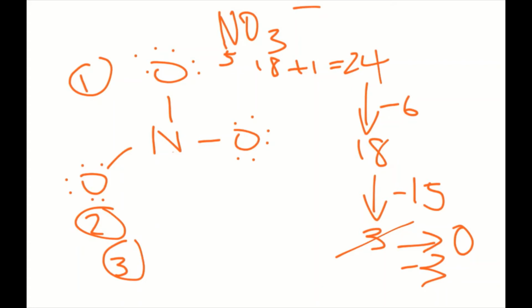So are we done? Well, not exactly. This nitrogen has only 3 bonds, and it's not very happy because it wants 8 valence electrons and not 6. So how do we fix this? Well, we can't do step 4, the extended octet, since none of these elements are in period 3 or higher.